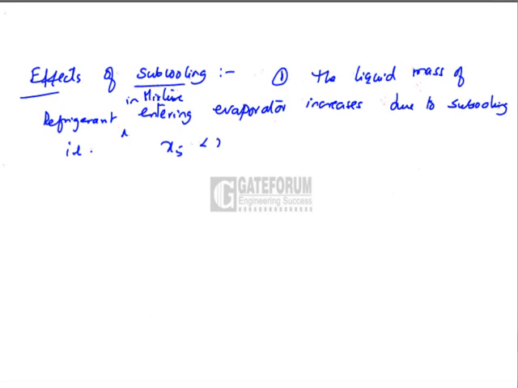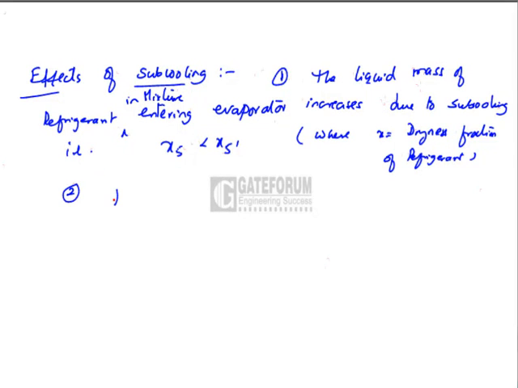That is, X5, the dryness fraction of refrigerant, decreases. Naturally, when there is more liquid available at the entry to the evaporator, the refrigerant can pick up more heat from the surroundings of the evaporator.